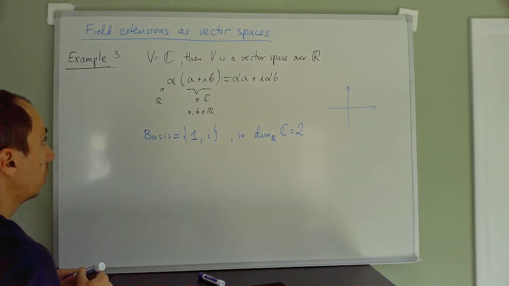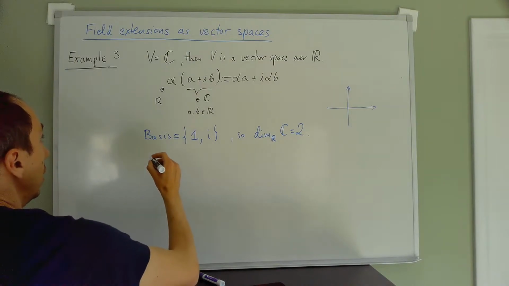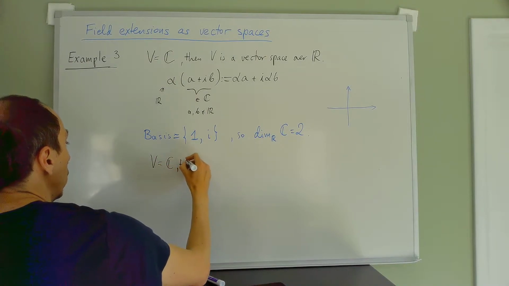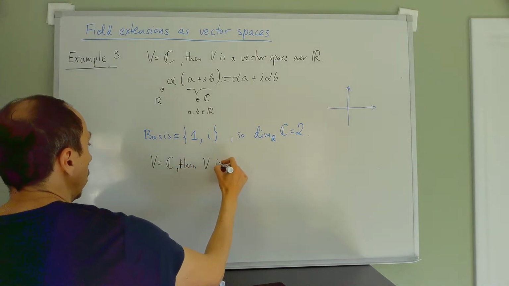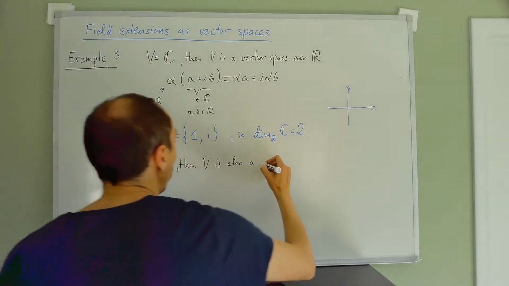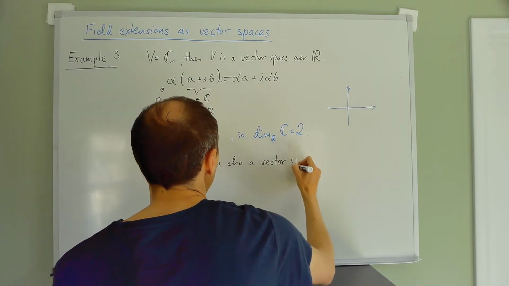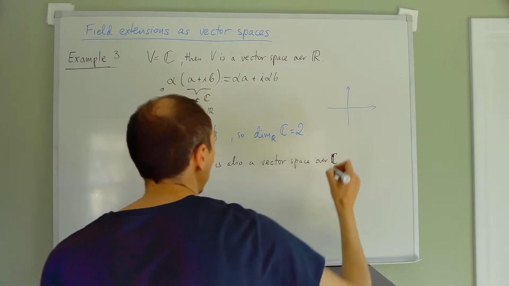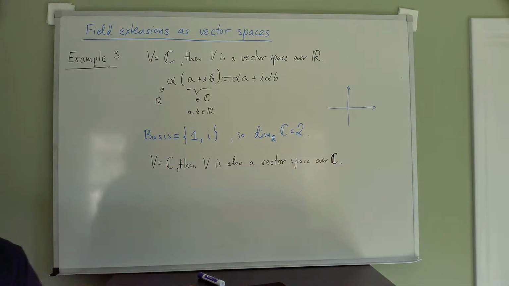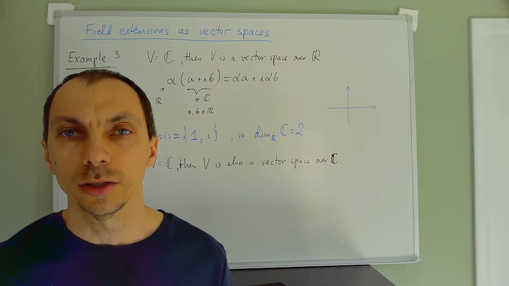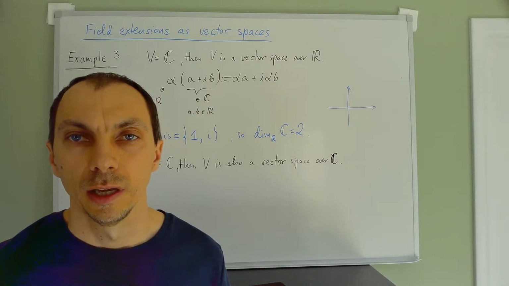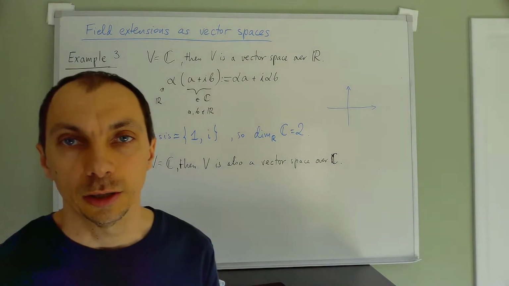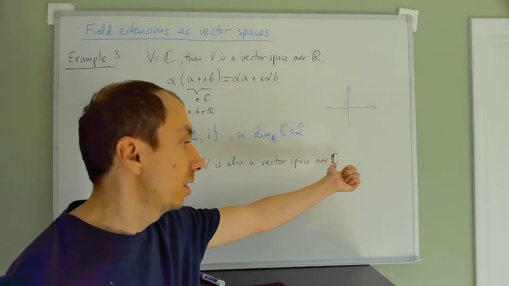However, note that this V can also be thought of as a vector space over C. Does that make sense? Well, C is also a field, so we can also consider this as the source for scalars. The addition being the same inside complex numbers, and then the scalar multiplication.